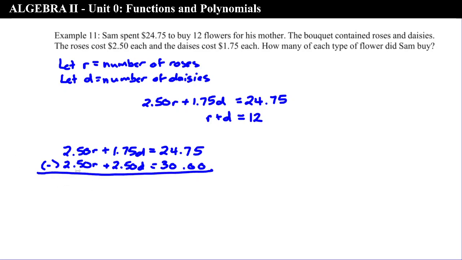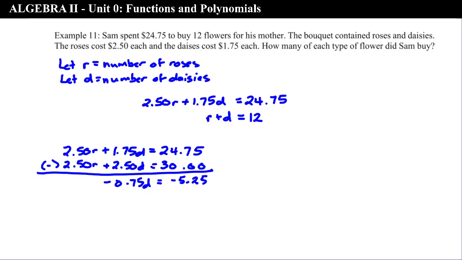And so 250 minus 250, that's 0. 175 minus 250D, that's going to give us negative 75 cents D. And then we've got 24.75 minus 30, which is going to give us negative 5.25.